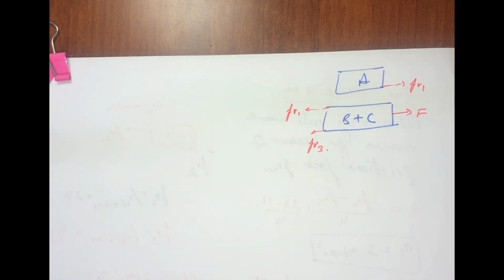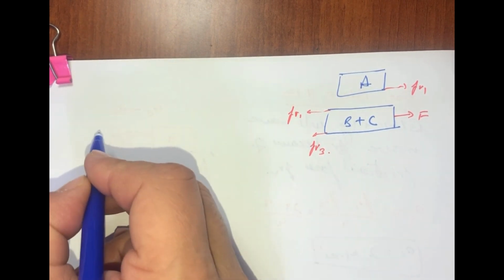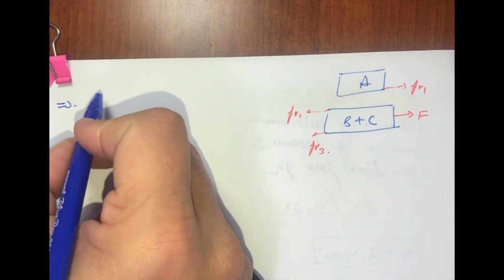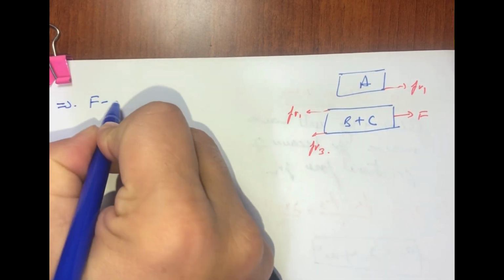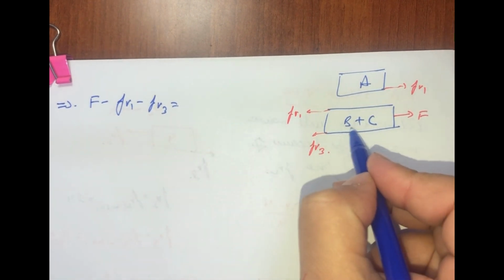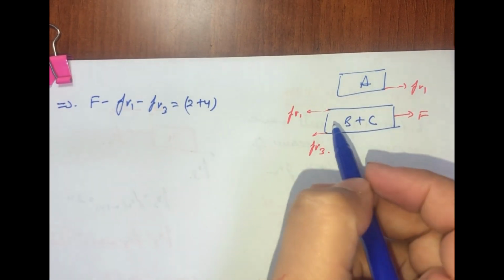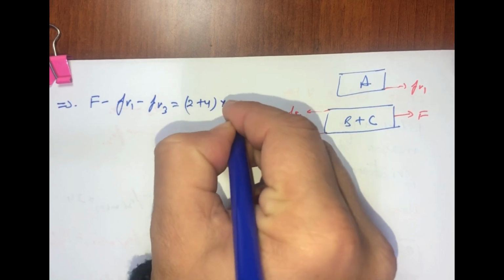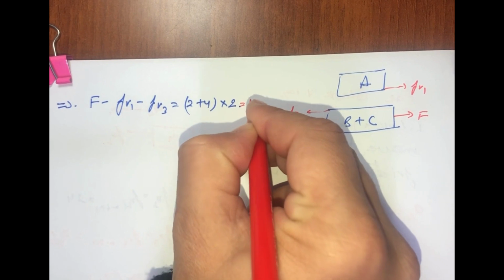So therefore, we can say that the applied force F minus FR1 minus FR3, and this is 2 plus 4, and the acceleration is 2. So this will be coming equal to 16.